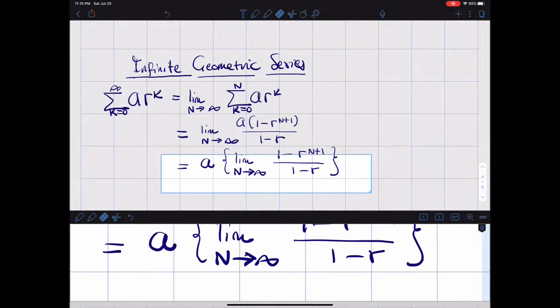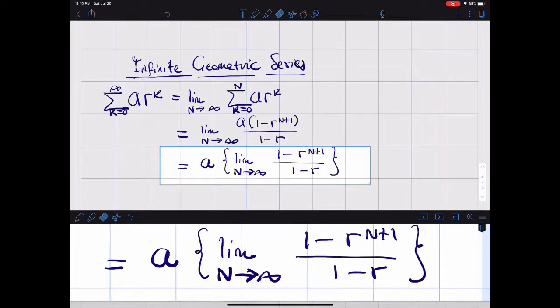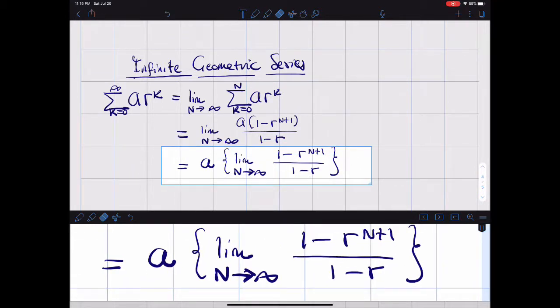Okay? So we're beginning to figure out where this breaks down. At 1, it's undefined. So let's look at the right of 1 and the left of 1. Let's look at when r is less than 1.